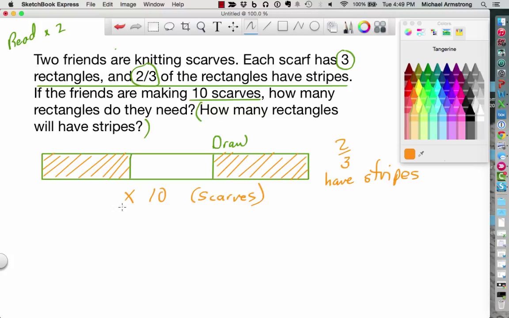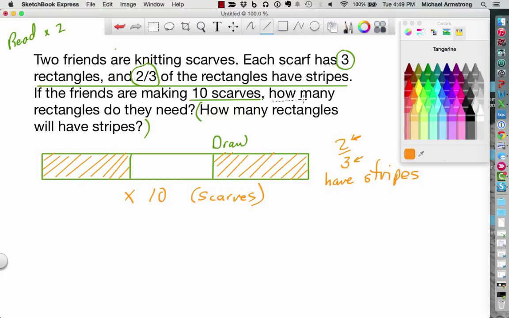All right, so can we figure this out? If every scarf has 2 rectangles with stripes, and every scarf has a total of 3 rectangles, that's from up here and we can see it, then we just need to figure out how many rectangles do they need. Oh, we have 2 questions.